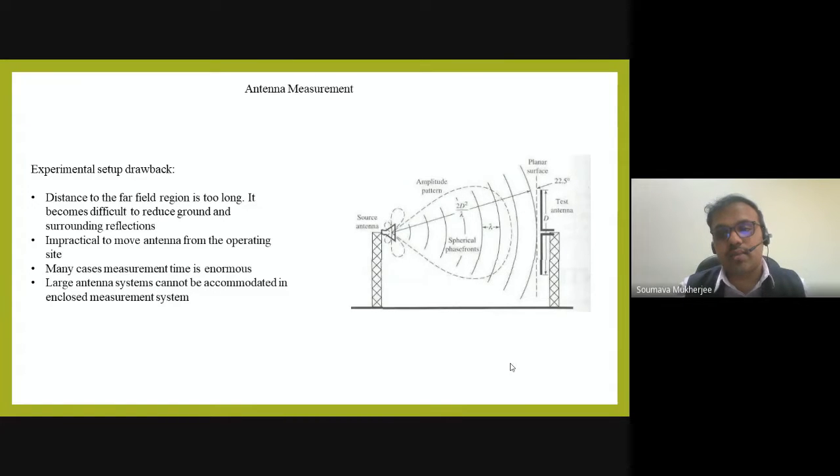Now I'll very briefly show you what is actually done. The drawback of doing it in open space is that this distance, which must be far field, is sometimes so large, because the antenna is so large, that it becomes very difficult to do in actual open space. Then there will be reflections from the surroundings that also come to this antenna.